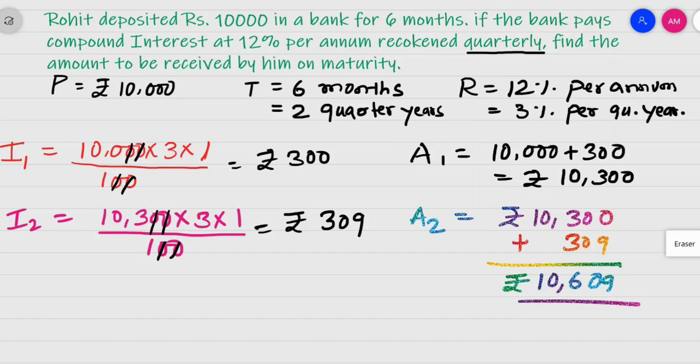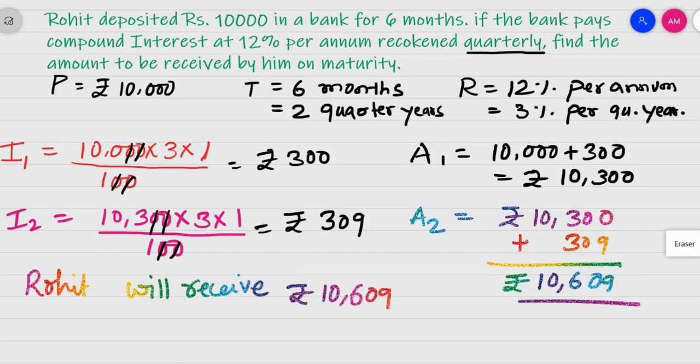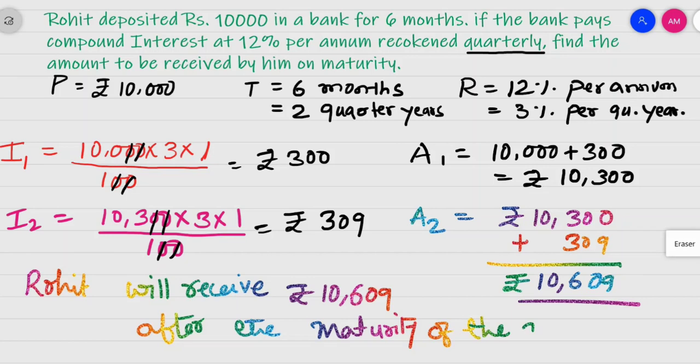Find the amount to be received by him on maturity. So Rohit will receive 10,609 after the maturity. After the maturity of what? Maturity of the account.